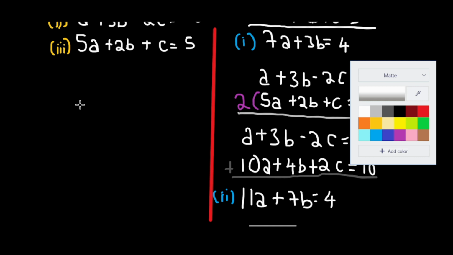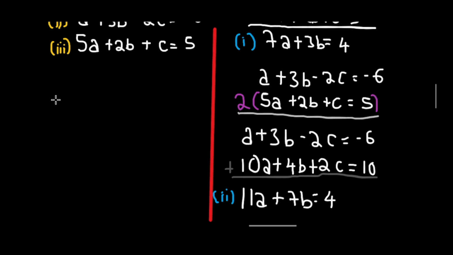So I can bring my equation 1, which is here, and then let's say 7a plus 3b is equal to 4. And then 11a, oh wow, that's an ugly looking one, 11a plus 7b is equal to 4.